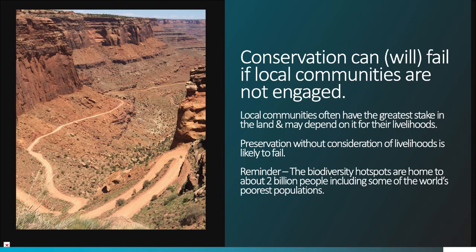In the case of biodiversity hotspots, these areas are home to about 2 billion people, including some of the world's poorest populations, and so there are obvious ethical considerations when you try to preserve land that is also providing food or economic opportunity to some of the world's poorest people. From a strictly practical standpoint, it's just simply hard to preserve biodiversity and land if the local communities are not engaged in the process and if they do not benefit in some way from the conservation efforts.